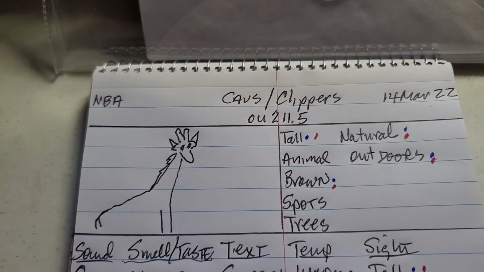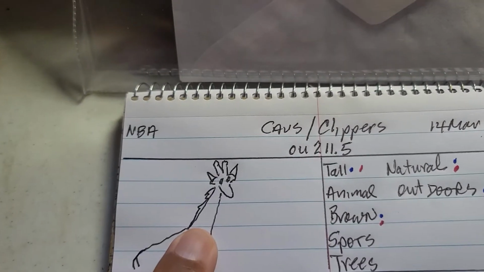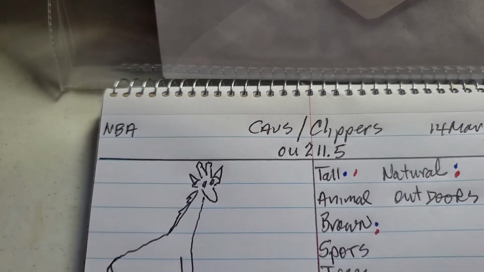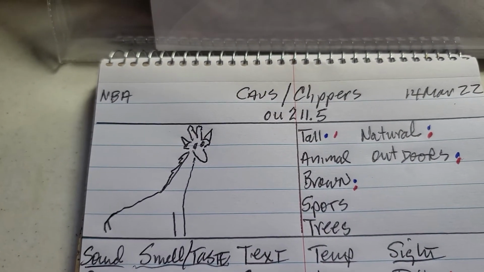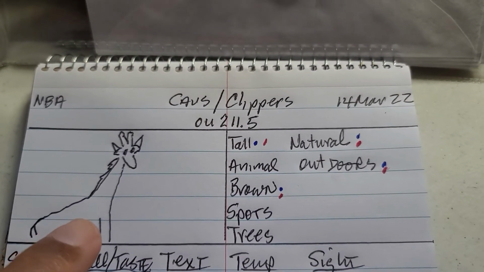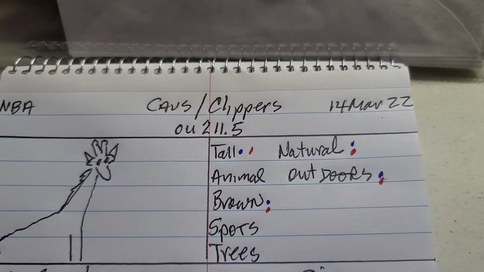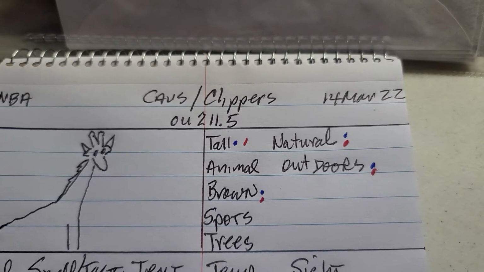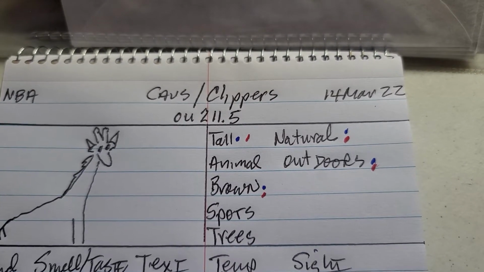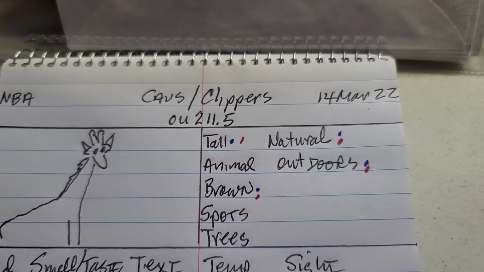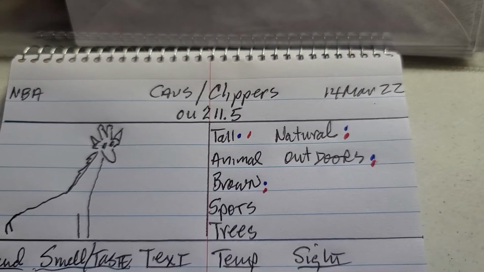So I completed the story that was formulated in my mind and drew a giraffe. As I probed this sketch, these are some things that I picked out: something tall, an animal, brown, spots, trees, something natural and in the outdoors.